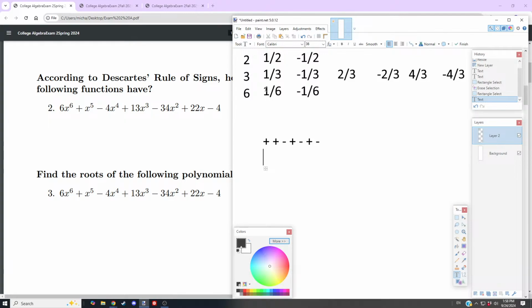Descartes' rule of signs applies to the times that we change sign. So, for instance, here we switch from positive to negative. Here we switch from negative to positive. So, usually we do an arc.